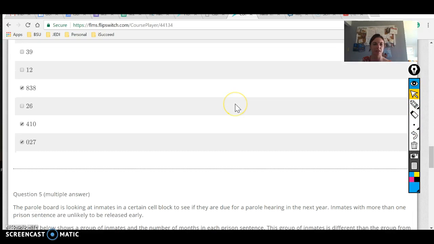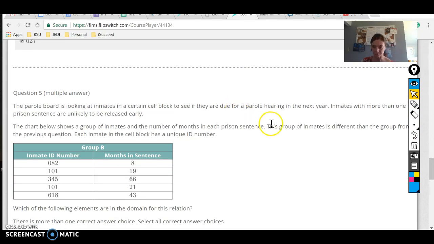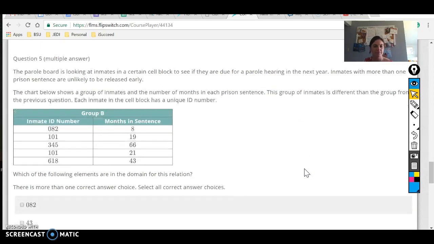Okay, question 5. Similar question. And again, it wants to know which are the domain. So we've got group B here. So again, we have x as the domain and y as the range.